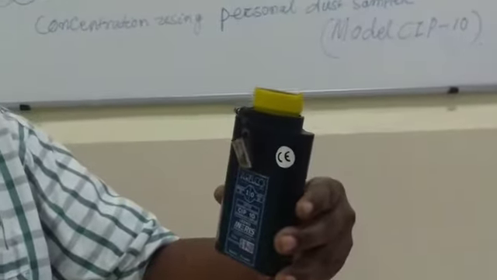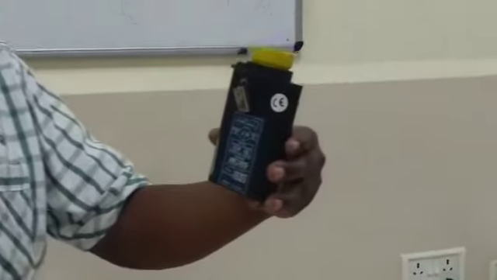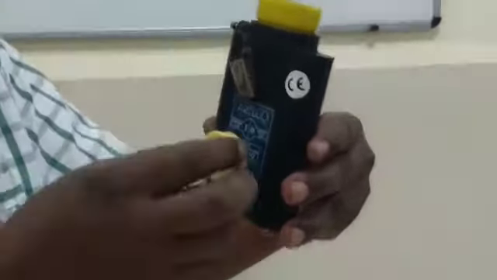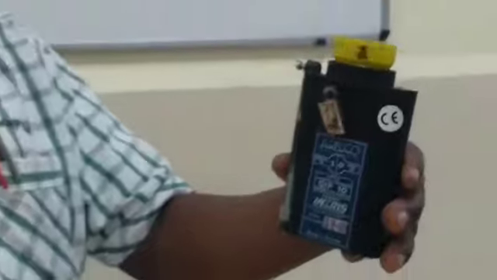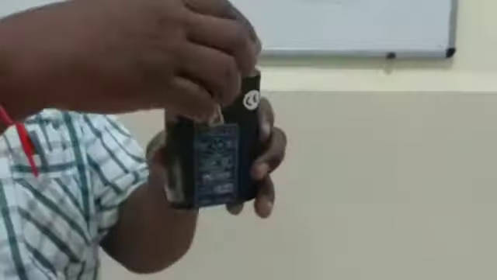After the shift or your work is over, you stop this and come out from the system. Now the instrument is stopped. The motor rotates at high speed, having a small shaft.